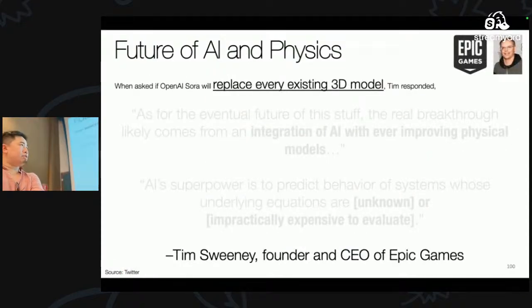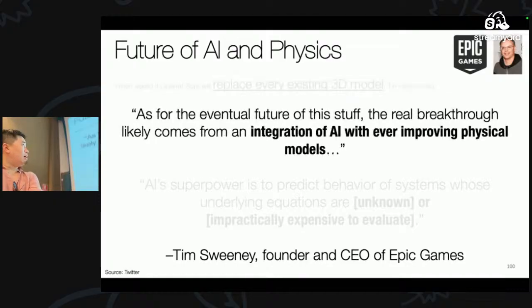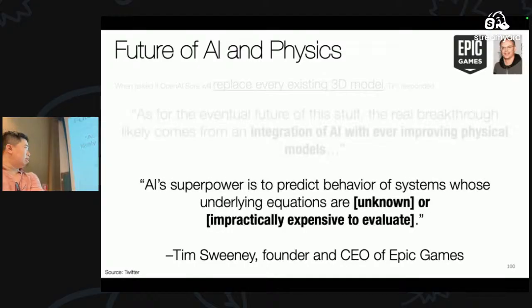But still, I think there are quite a few people who believe that these video models will not yet replace every existing 3D model. The eventual future of this stuff will come from integration of AI with ever-improving physical models, AI superpowers predictive systems whose underlying equations are unknown or impractically expensive to evaluate.